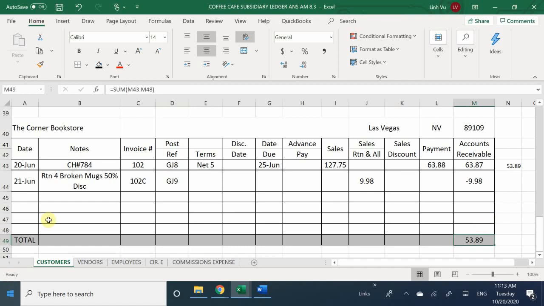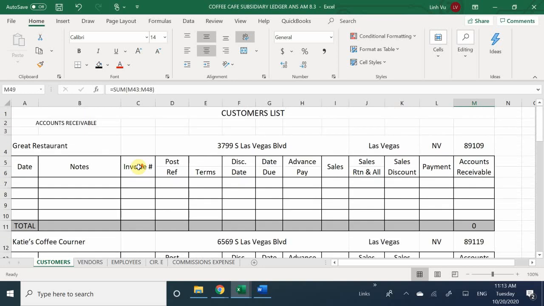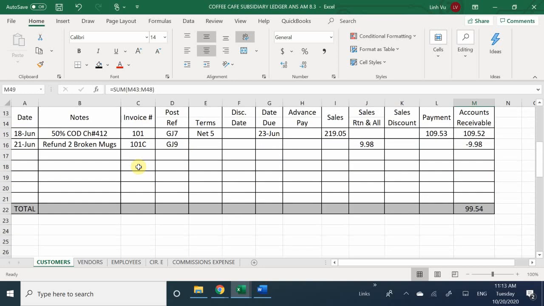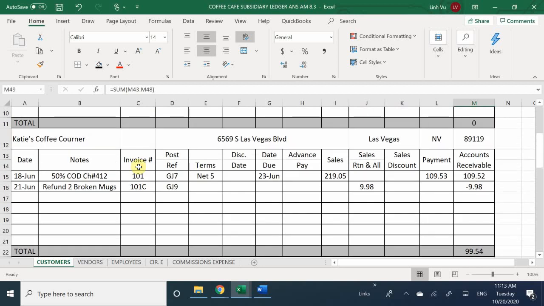And we know this invoice belongs to this one. So this person owes us a grand total of $53.89. And if we go to Katie's Coffee Corner, same thing, because she only has one invoice. The amount that she owes us is $99.54.